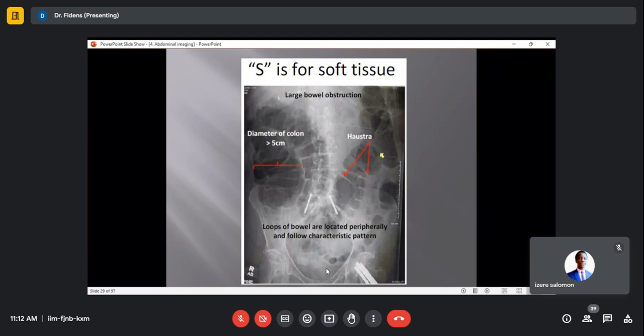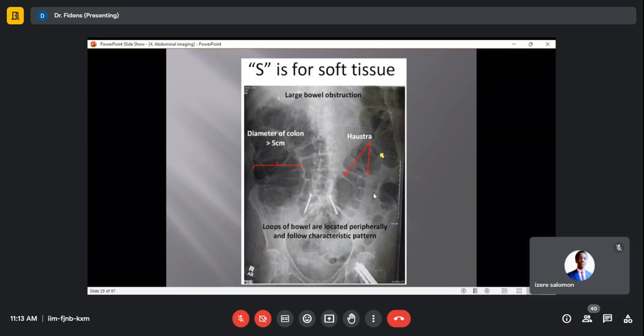But what I was telling you, we have already seen two things: number one, dilated bowel; number two, the location, that is periphery. And number three, within them they have what you call haustra. They are no longer valvulae conniventes because they are not crossing the whole diameter. They are just involving one third of the bowel. So those are the haustrations or haustra. And those are the three signs of large bowel. It's large bowel, it's no longer small bowel.